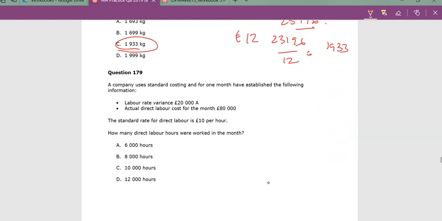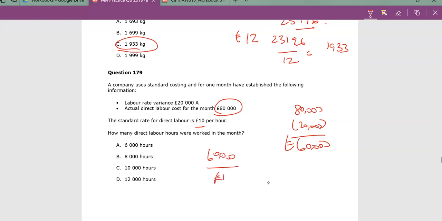The same principle applies here. You spent 80 grand, and it says you have an adverse variance, so you should have spent 60 grand on those labor hours. Our standard rate is £10 an hour, so it must be 60,000 divided by 10 to give 6,000 labor hours.